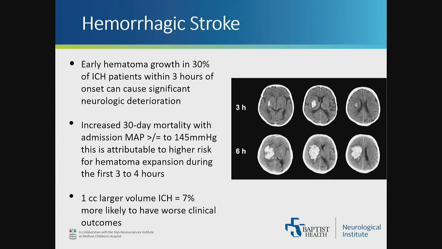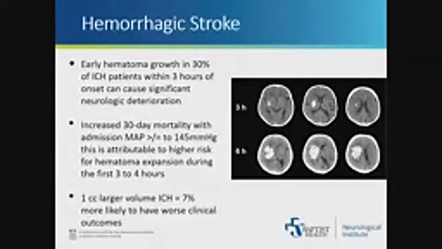Their GCSs needed to be 6 to 15, and the goal was to get the blood pressure down to less than 140 within 1 hour of being randomized and maintain it for 7 days. The medications used were ACE inhibitors, diuretics, and topical nitrates, and the primary outcome measured was a modified Rankin scale of 3 to 6 at 90 days. I'm not going to go over the secondary ones here.